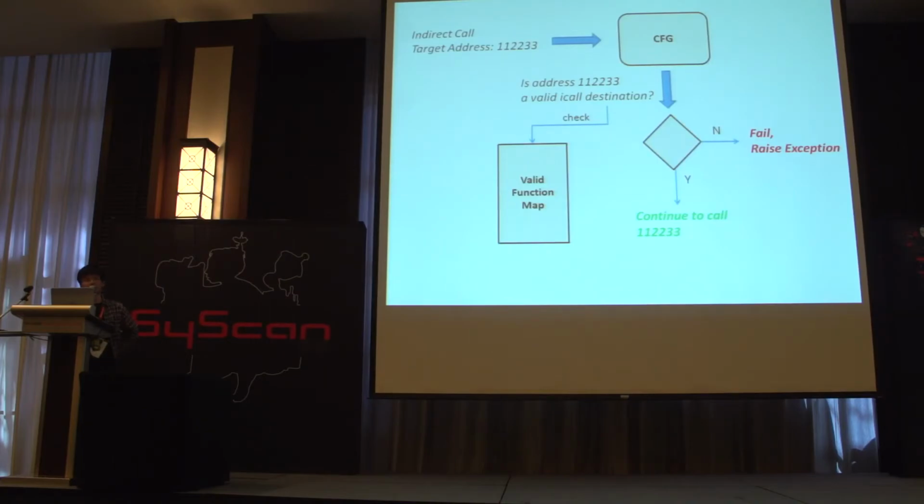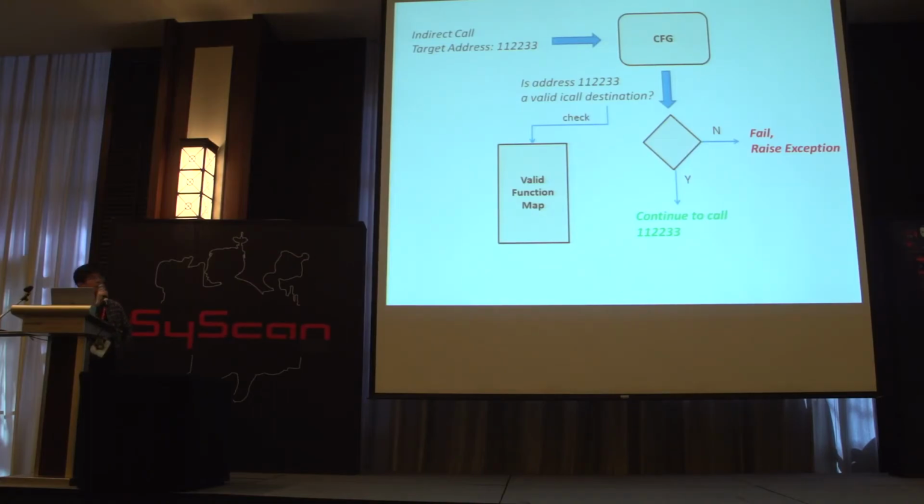Let's see how it works. Suppose we have an indirect call here. The target address is 112233. And before calling into this address, CFG will check this address in a bitmap, which is maintained by CFG. The bitmap contains all valid indirect call target addresses.